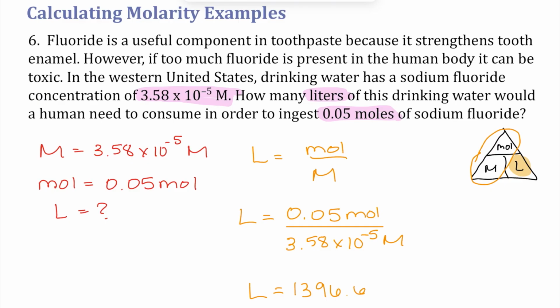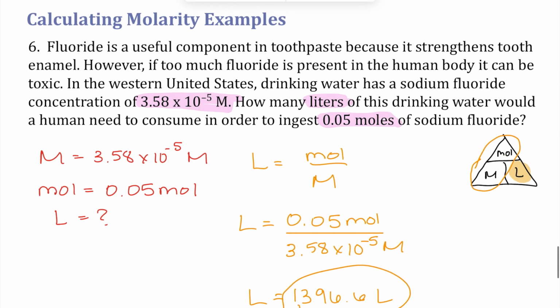I'm going to stop there. So you would need to consume 1,396.6 liters of that drinking water in order to reach that limit. By consuming that, some of it's going to pass through your body, and so it's not all going to compile up, and that is why it is safe to have that fluoride in our drinking water.